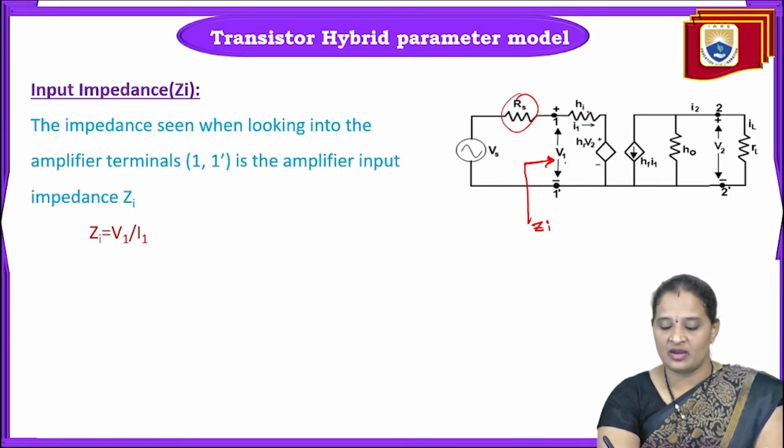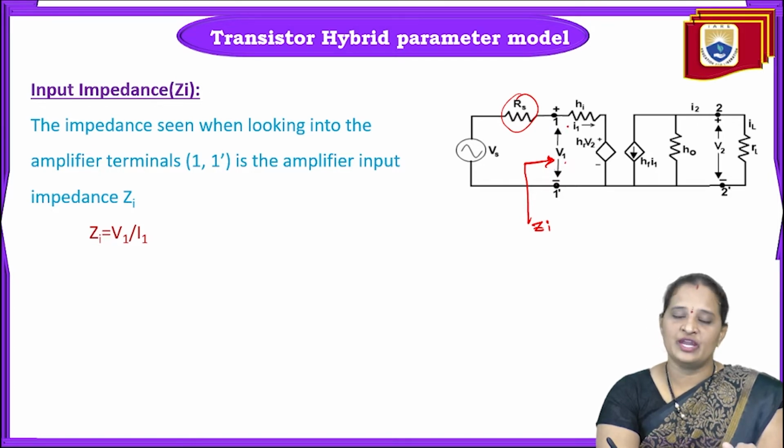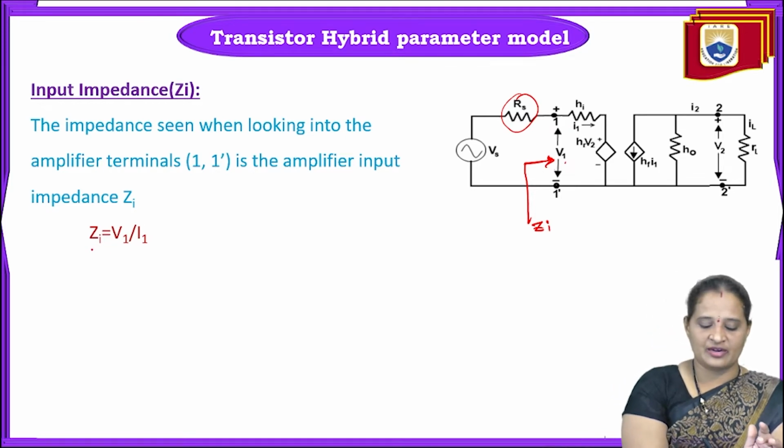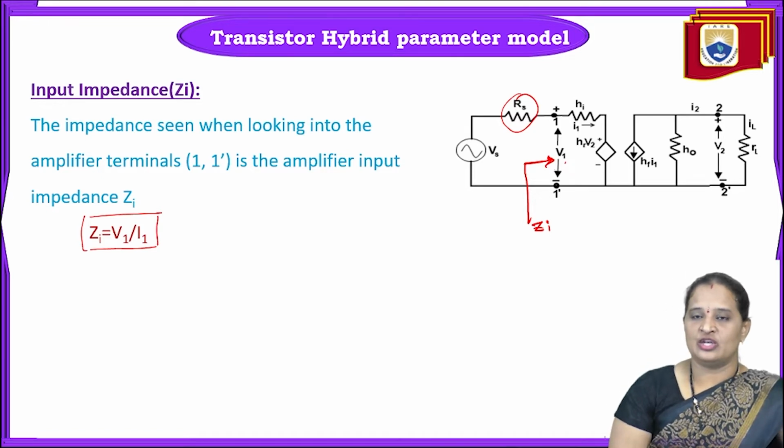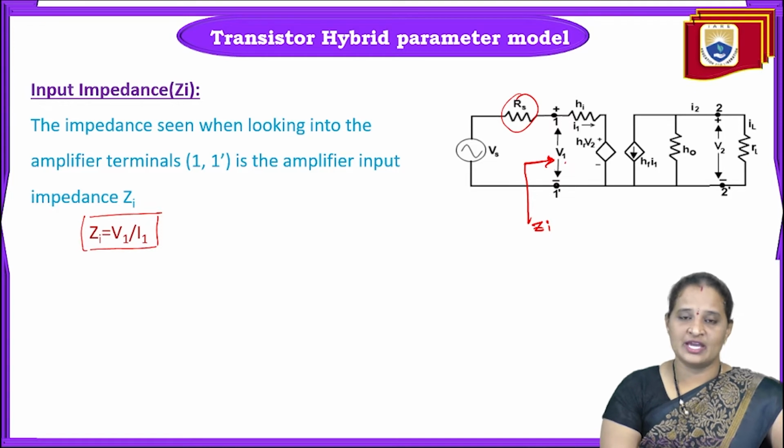Input voltage is V1 and the input current is I1. So that is why the input impedance is defined as a ratio of input voltage V1 to the input current I1. So I can write the formula for Zi, that is the input impedance, as V1 by I1. Now I want to derive the equation for this input impedance.